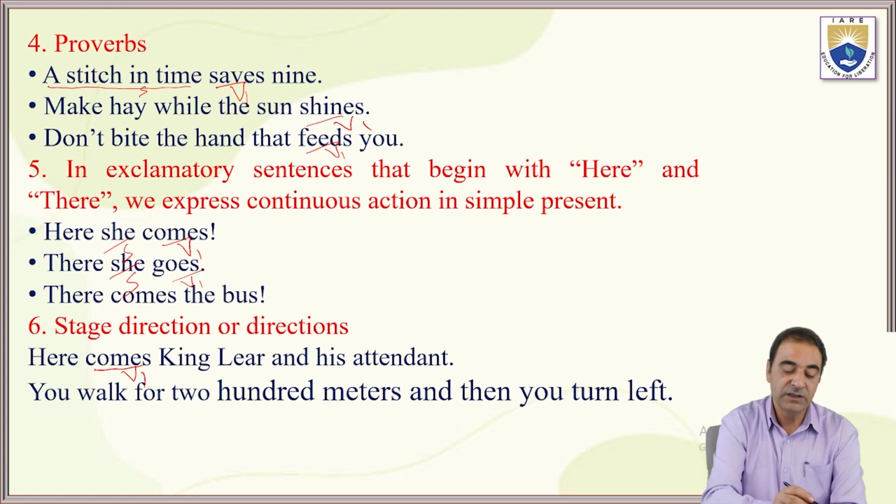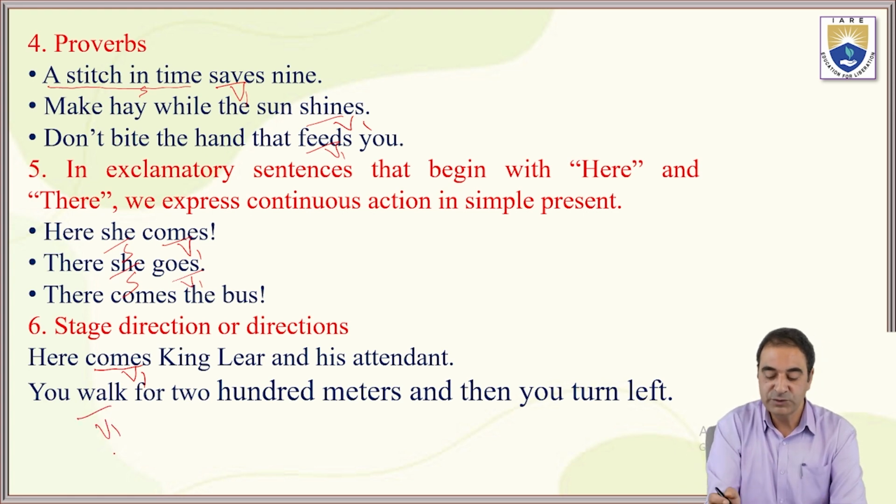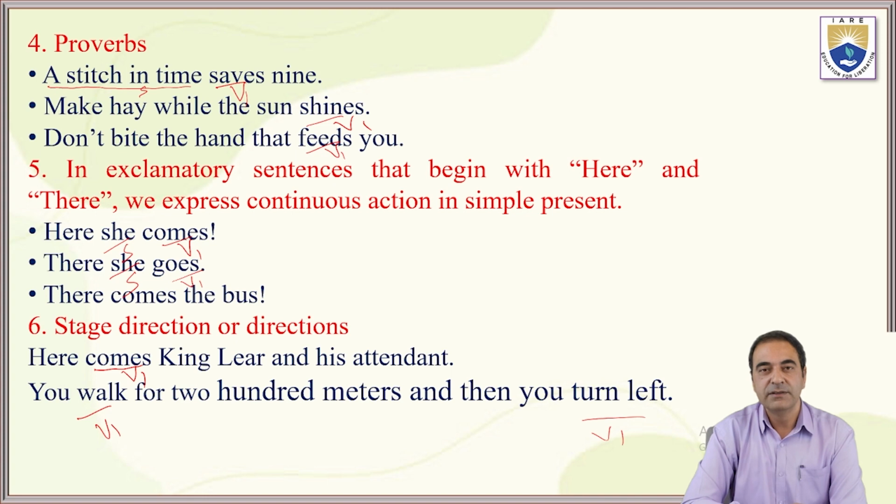Here we have the verb walk, that's the verb in first form, and then you turn left, again we have the verb in first form. Therefore, remember, in stage directions or directions, instead of present continuous tense, we use simple present tense.